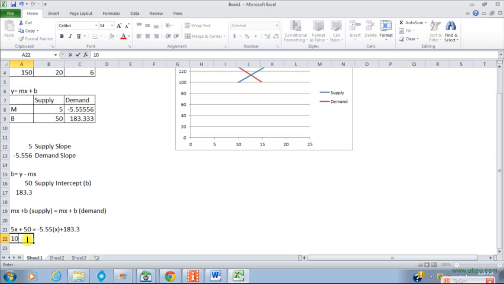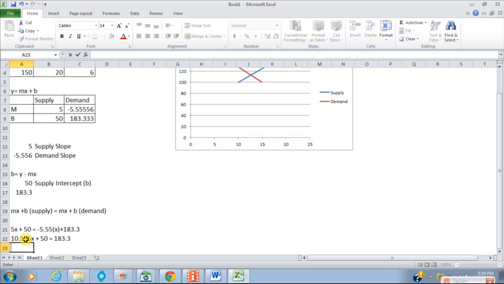Then we're going to get 10.55x plus 50 equals 183.33. Okay, let's get rid of the 50 on that side.